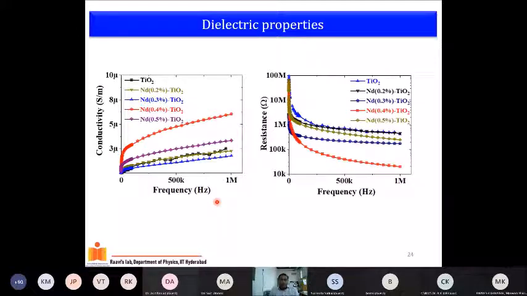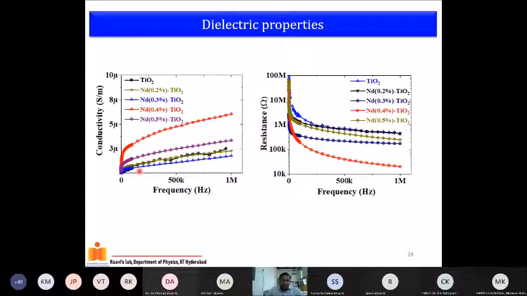Importantly, the conductivity as well as the resistance changes as a function of frequency. It goes up as you increase the frequency. Right now I want to optimize my titania with the best dopant concentration, as per the highest conductivity and least resistance.